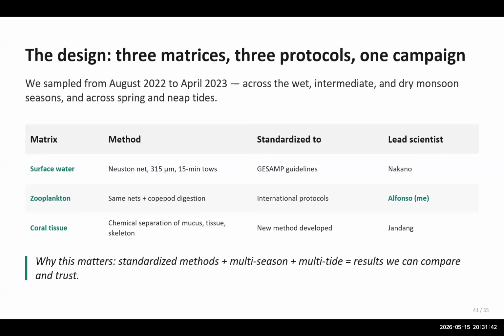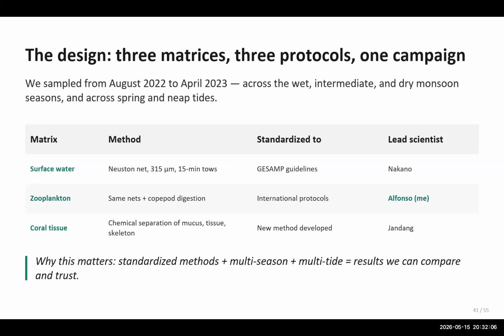Then I took the copepods and eliminated the organic matter with chemical treatments to find out if there were any microplastics inside the zooplankton bodies. Also using standardized international protocols, so my data will be comparable to other studies.